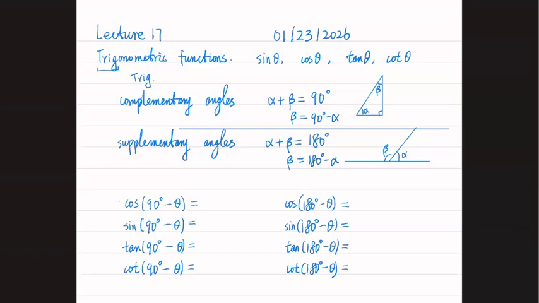All right, now let's check how are these functions related to the cosine sine of theta itself.